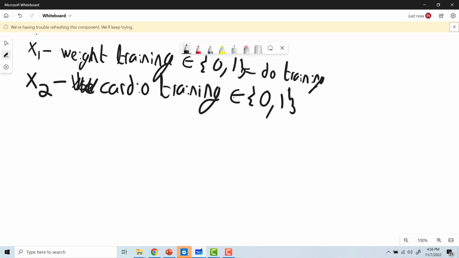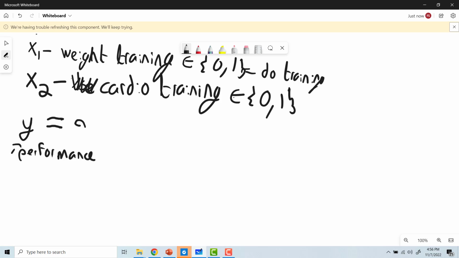Then we can write our dependent variable, which is y, which is our performance. Let's just do it simply. We won't bother with any sort of intercept term or anything.